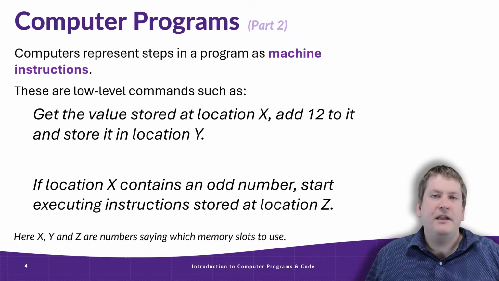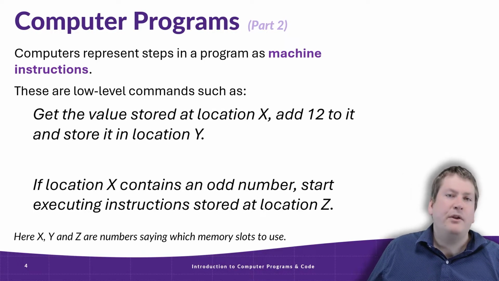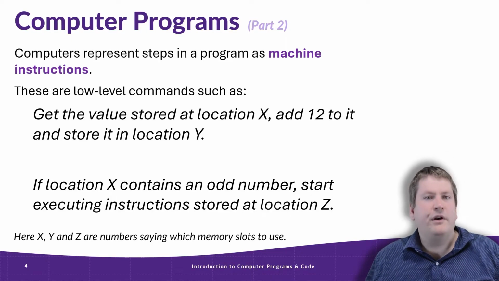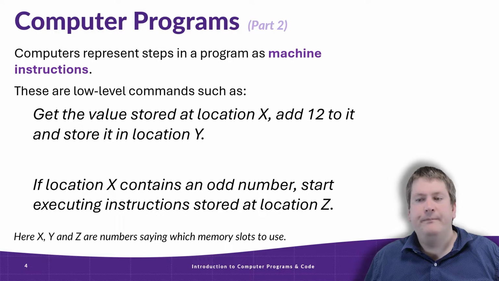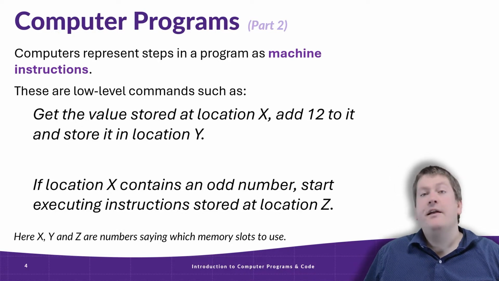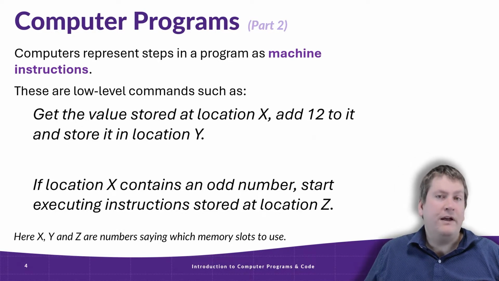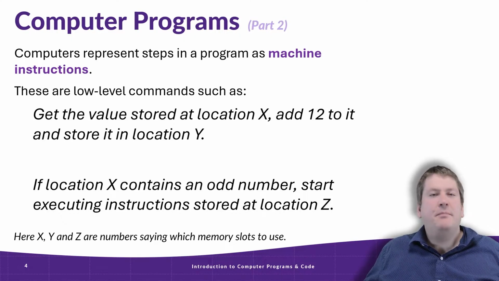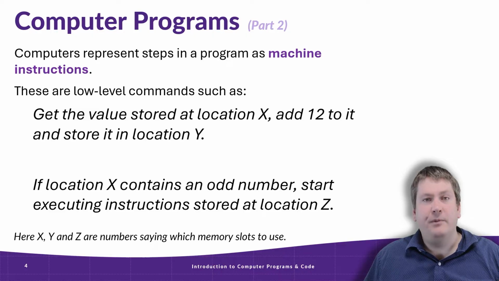Another example might be an instruction that states memory location X contains an odd number, start executing the instruction stored in memory location Z. The point is, these are very literal, low-level, and very specific instructions to the computer that might not be the most accessible for us as humans to understand.